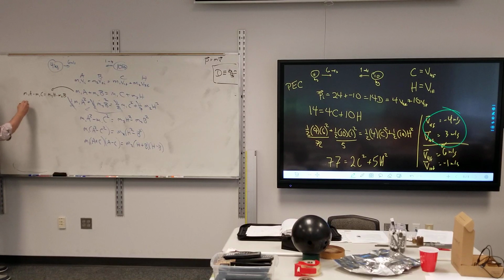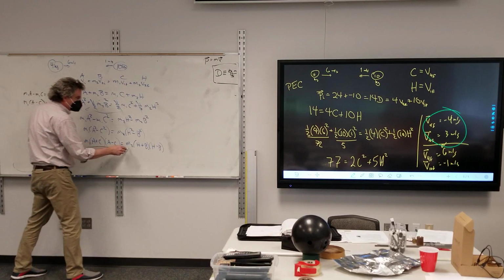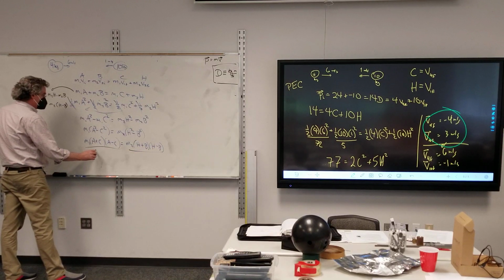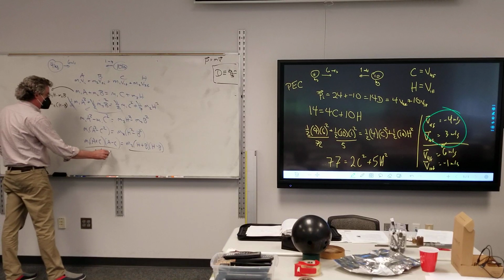Factor the M1 out. So those two are equal to each other based on conservation of momentum. Now I can divide by this. I'm going to divide the left side of that equation by this, and the right side by that. As long as my denominators are equal, the math people say I can do it.